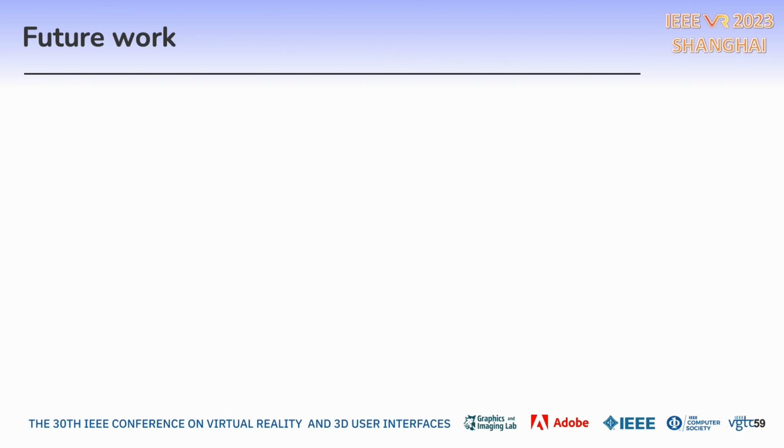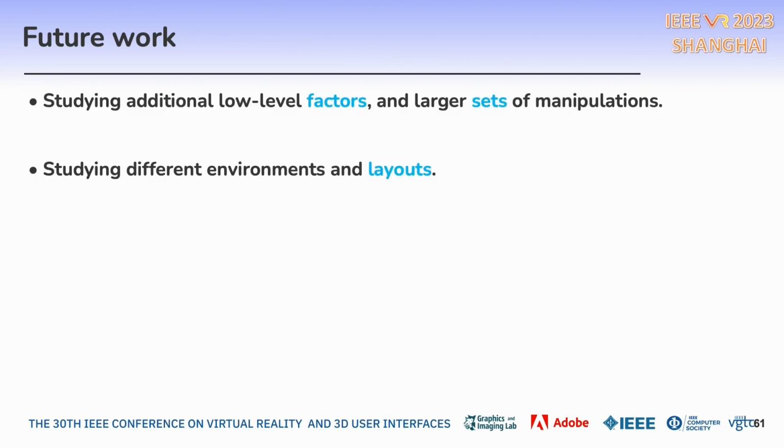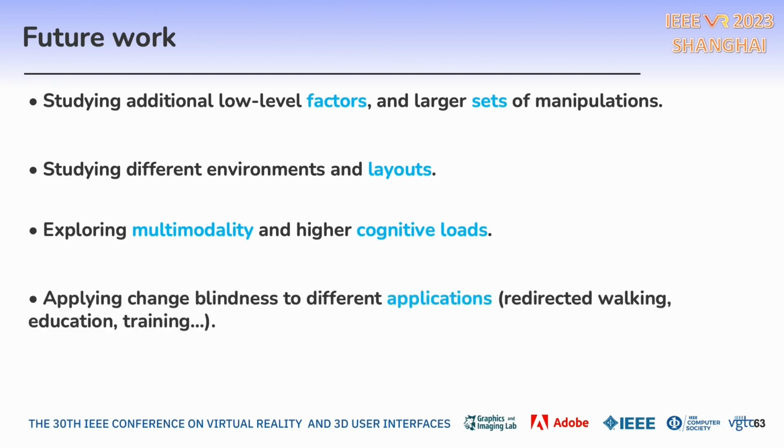Studying additional factors or different layouts could improve our understanding of this effect. Besides, exploring how multiple stimuli like auditory cues or different cognitive loads affect this effect remains an interesting avenue. Finally, it could be interesting to explore how this effect could enhance other applications in VR, such as redirected walking.